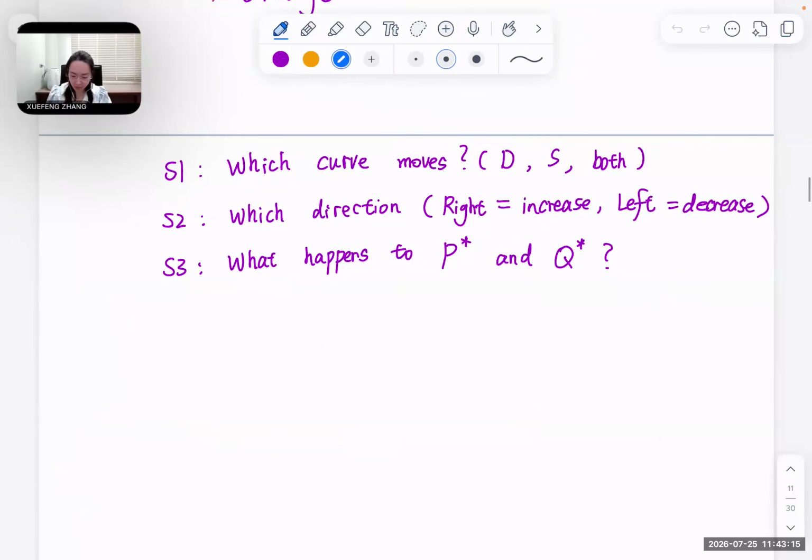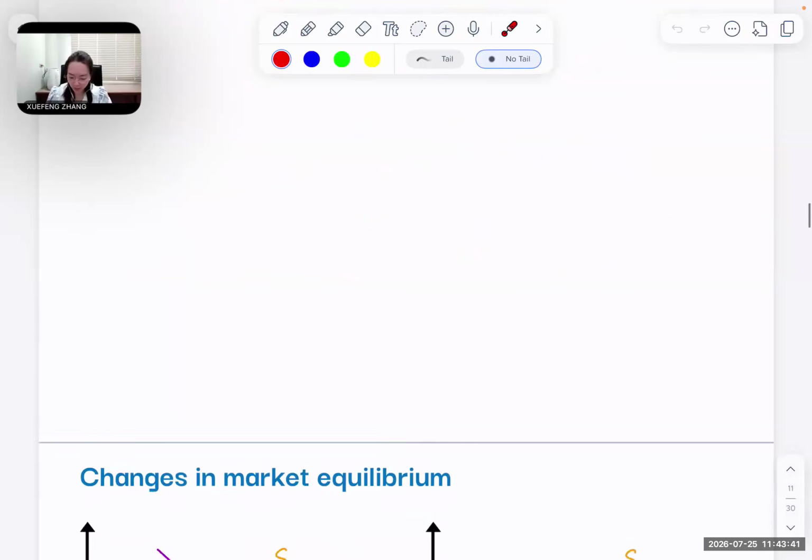The first one, which curve moves? And next step, which direction? Shift right or shift left? Next one, what happens to the equilibrium price and equilibrium quantity? So you just follow those three steps. I think you will be fine.